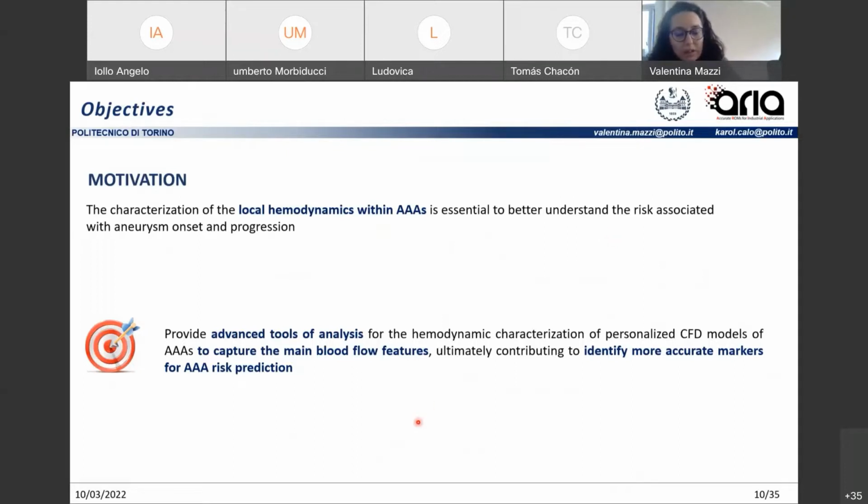The aim of this presentation is to provide an overview of some advanced tools of analysis for the hemodynamic characterization of personalized CFD models of abdominal aortic aneurysm, able to capture the main features of aneurysm hemodynamics, which will be ultimately useful to identify more accurate clinical markers for AAA risk prediction.